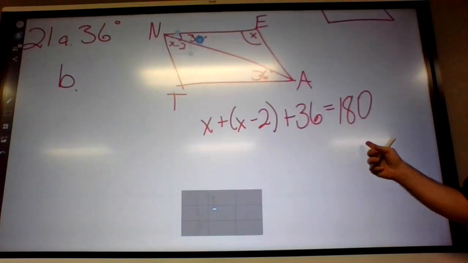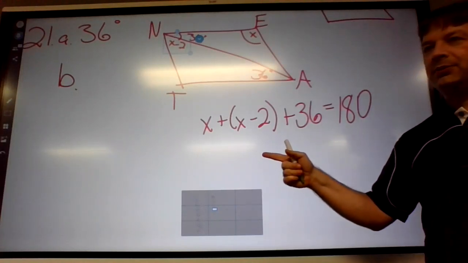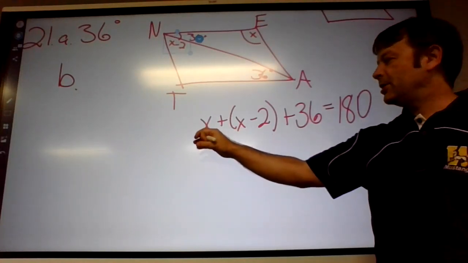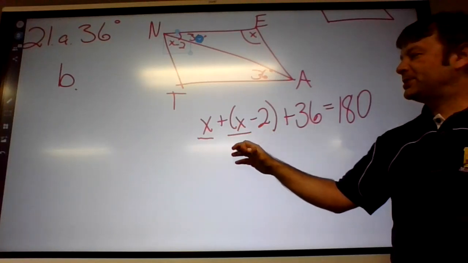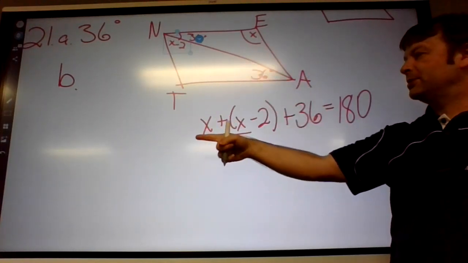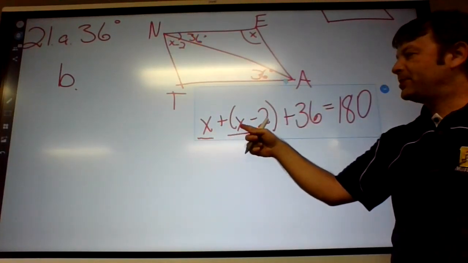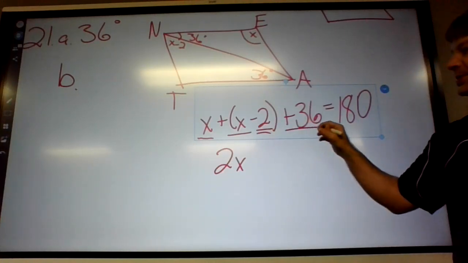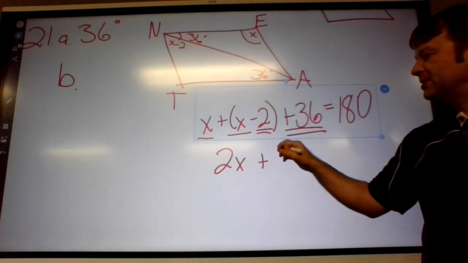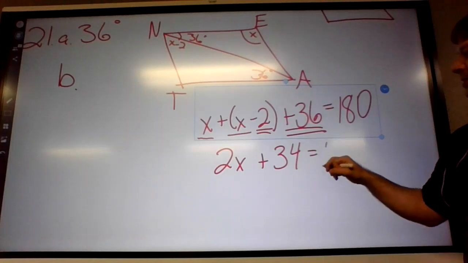All right, you guys still got your algebra skills? What do I do now? You distribute it. No, distribute is when you're multiplying. We're not multiplying here. Okay, guys. X plus X is 2X, minus 2 plus 36 is 34.